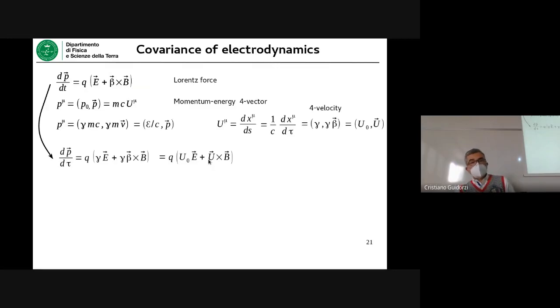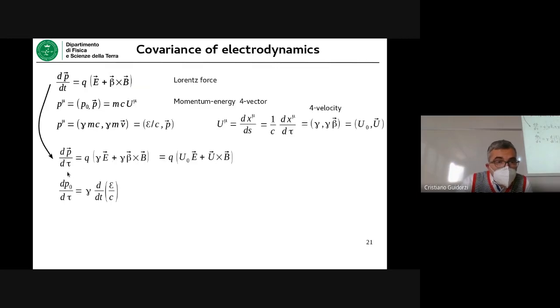We are moving towards using objects which are four-vectors, for entities which live in Minkowski space. Now this concerns the momentum equation, so the equivalent, if you want, of Newton's law applied to a particle, where of course you have to consider that the momentum is the linear momentum in relativity, and all the things that we already said.